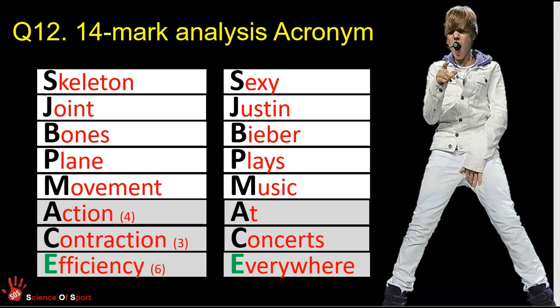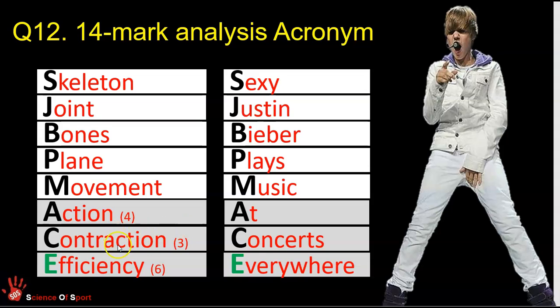So the question 12 acronym is Sexy Justin Bieber Plays Music at Concerts Everywhere. So we've got 3 extra topics of information to integrate into our answer. 'At' refers to the types of muscle action. If you remember, there are 4 types of muscle action: agonists, antagonists, synergists and fixators.